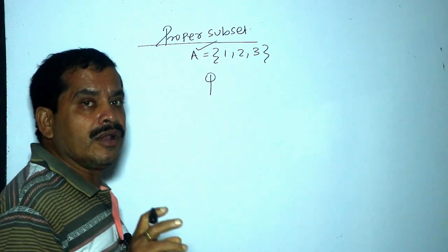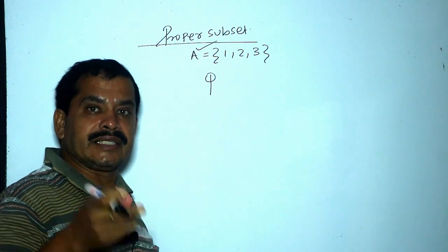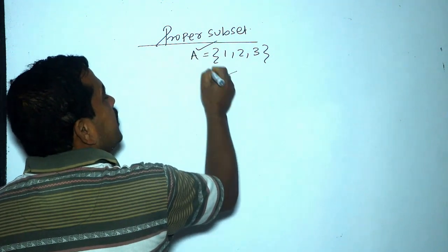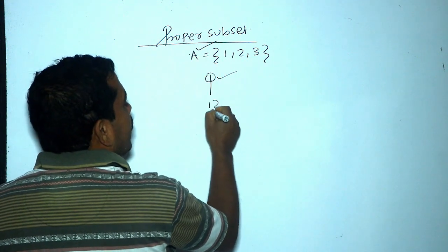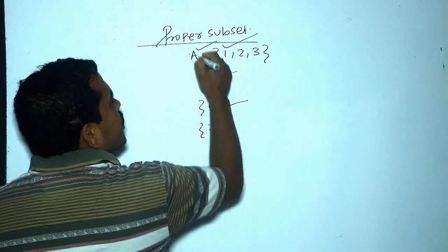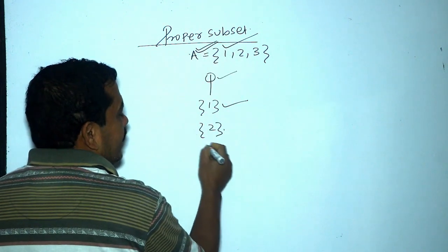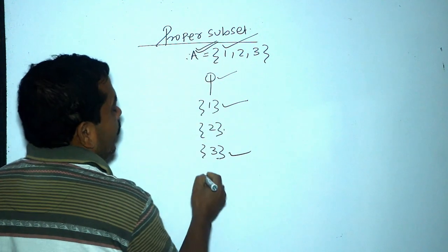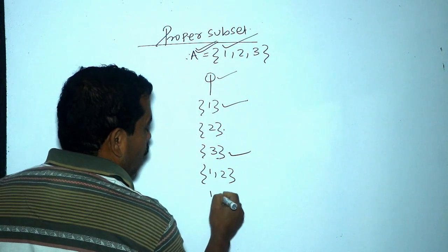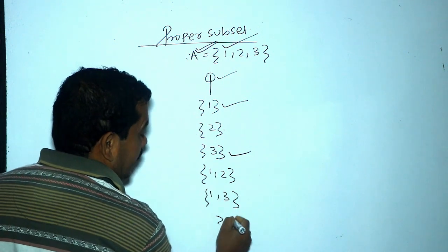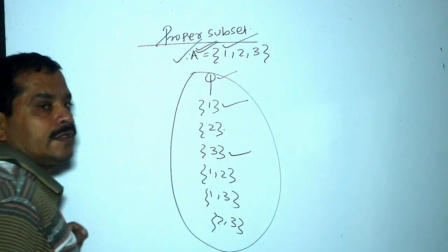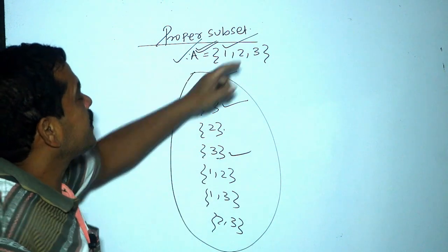Phi is a proper subset of A. {1} is also a subset of set A, {2} is also a subset of set A, {3} also, {1, 2} also. {1, 3} and {2, 3} are all proper subsets of set A.